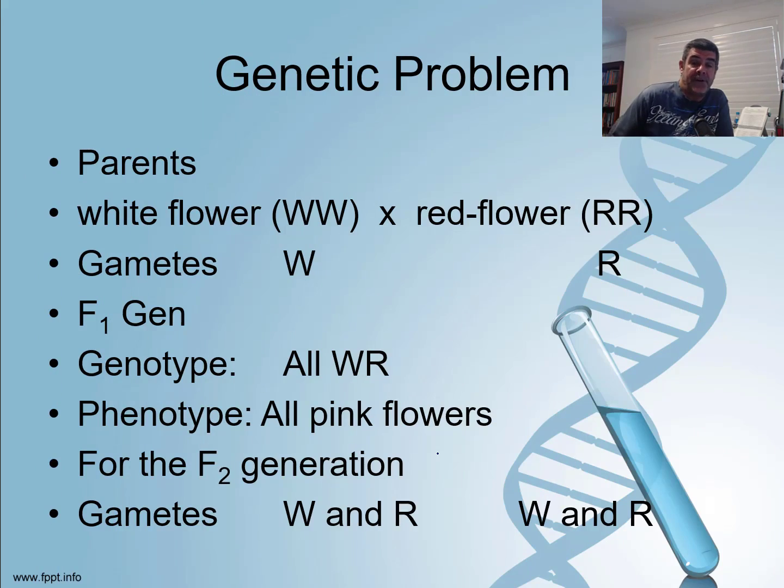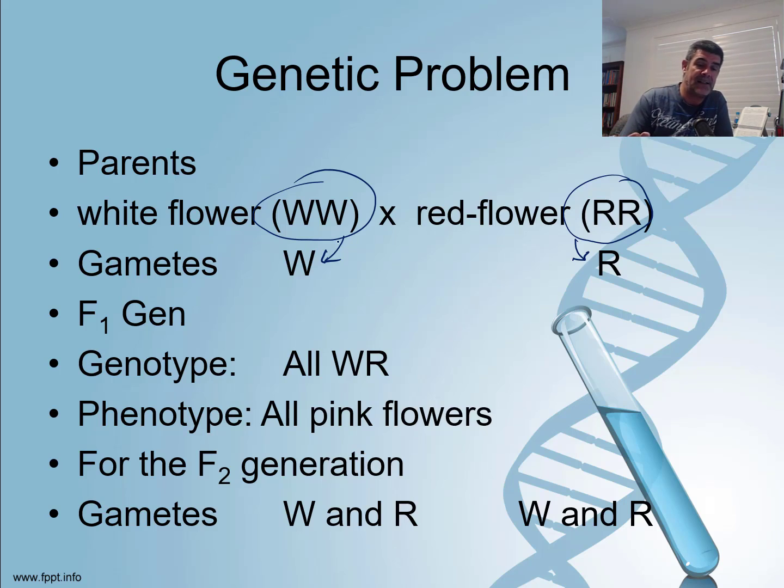I've set this out exactly the same way as I set out the problem for codominance, so we start with our pure breeds. Our pure breeds are only going to give us one option for the gametes, because the gametes are about splitting that information in half, and we do it randomly, so we get any possible combinations.